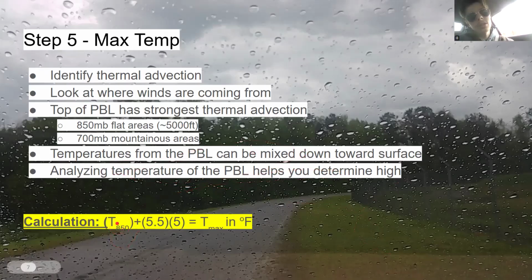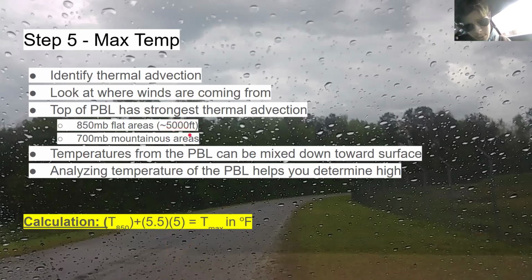So what we can do is say, what is the temperature at 850? Then you will add 5.5 times 5. Now, why? Well, this is for Fahrenheit, by the way, but if you remember, an air parcel that sinks, we use the dry adiabatic lapse rate, which is 10 degrees Celsius per kilometer, but also that is 5.5 degrees Fahrenheit per 1,000 feet.